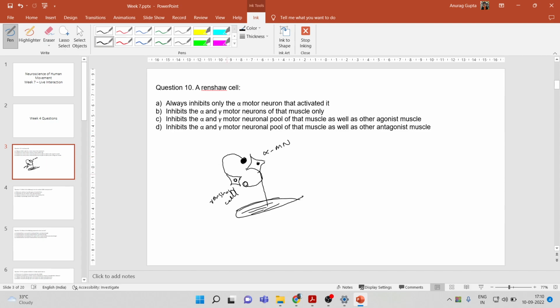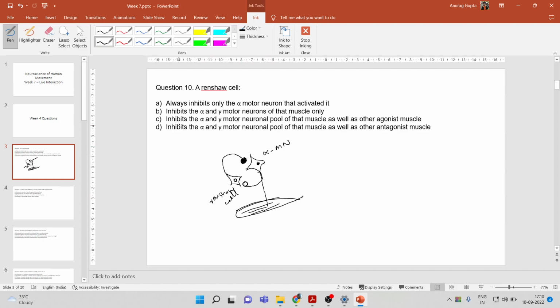Plus, it inhibits the alpha motor neuronal pool to which this alpha motor neuron belongs. This motor neuron pool will have other alpha motor neurons that innervate this particular muscle, and it will also have gamma motor neurons that innervate this particular muscle.